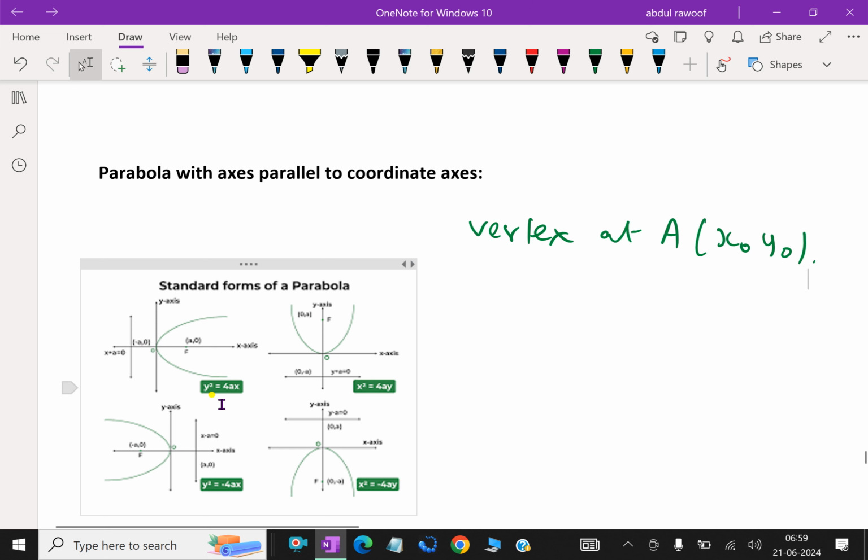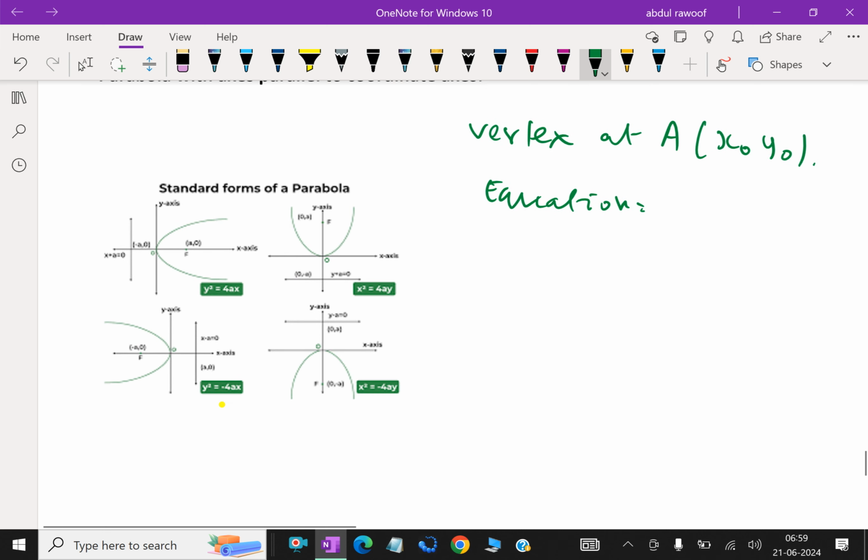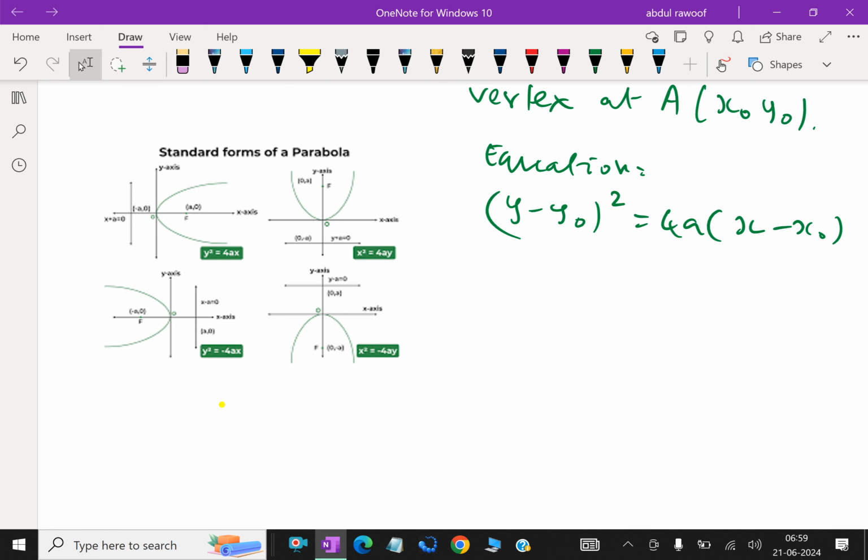Then the equation of the parabola is (y minus y0) squared equals 4a times (x minus x0). If it opens to the other side, then (y minus y0) whole squared equals minus 4a times (x minus x0).